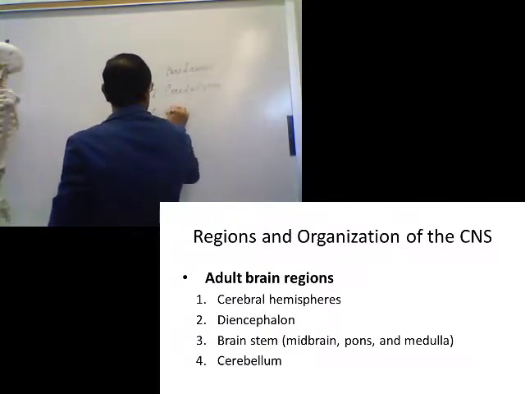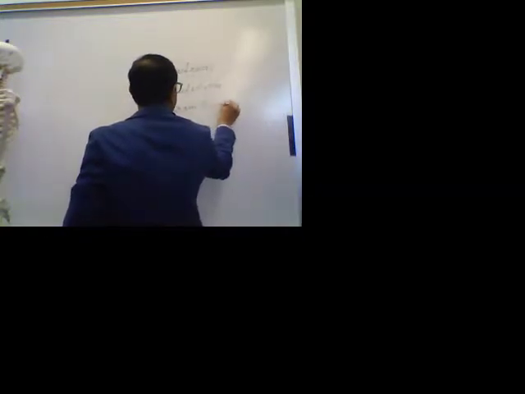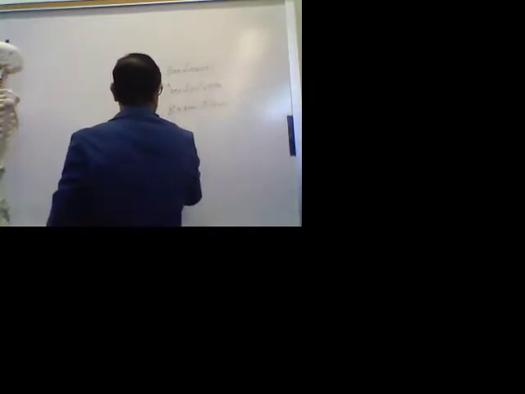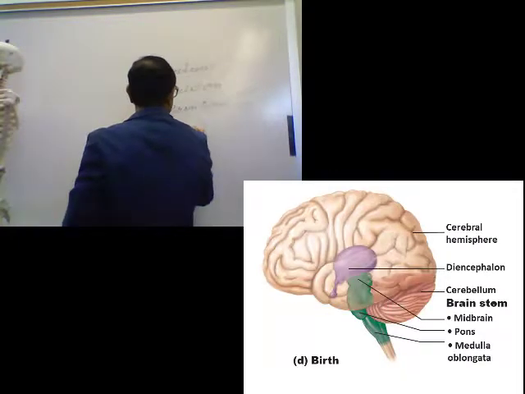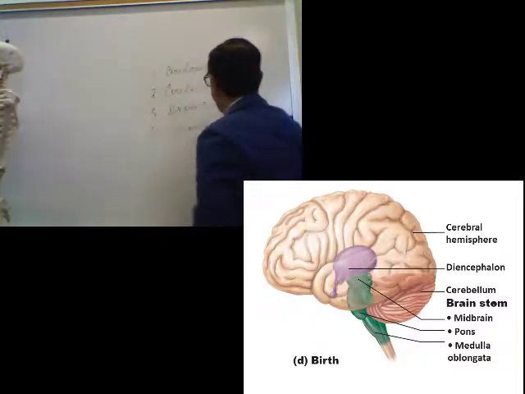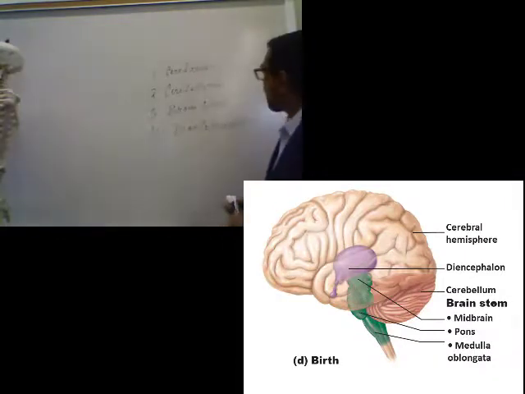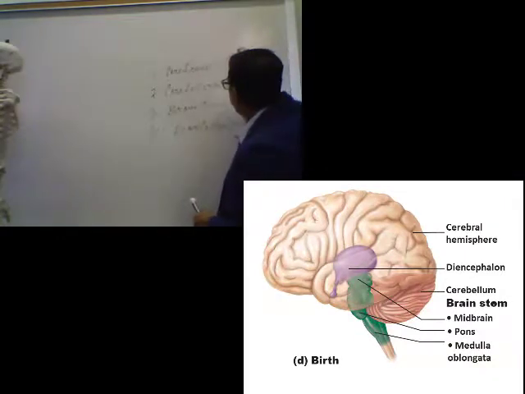Then you have the brain stem and diencephalon. Okay, these are the 4 parts of the brain. Now, the cerebrum is divided into right and left hemispheres.